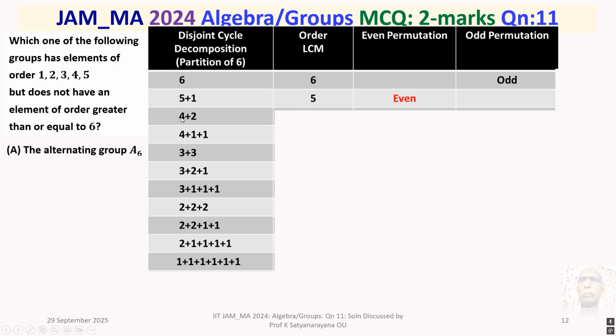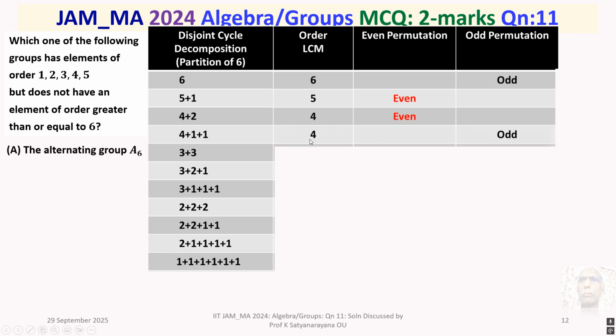4 plus 2. For 4, 3 transpositions. For 2, 1. So it's 3 plus 1, 4 transpositions. Therefore, it's even. The LCM of 4 and 2 is 4. 4 plus 1 plus 1 is an odd permutation.